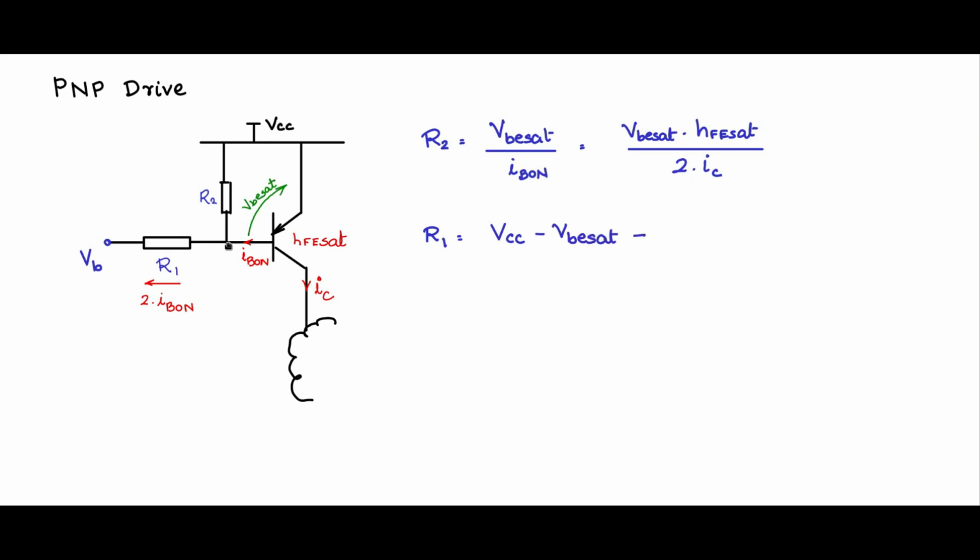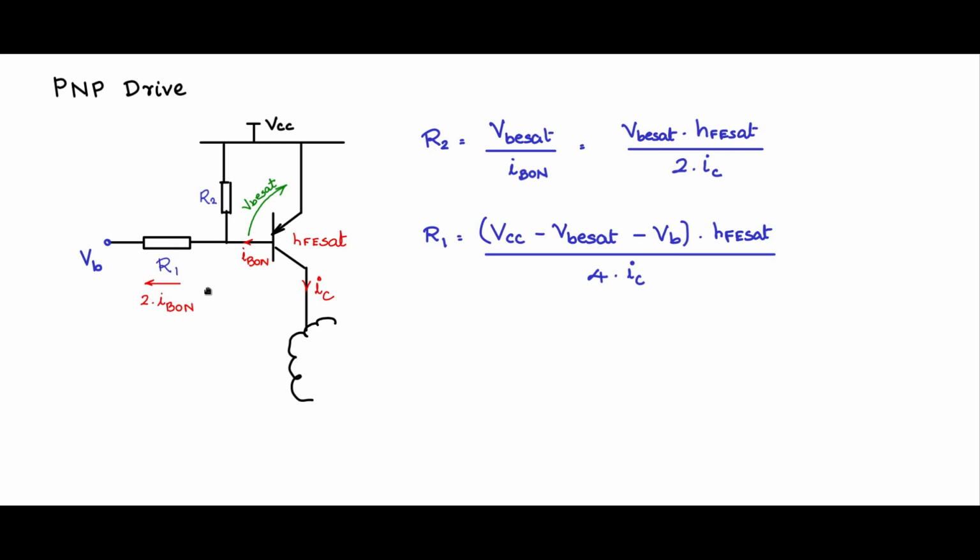VCC minus VBE SAT minus VB, that is the signal source potential, will be the potential which is occurring across R1, divided by 2 times IB on will be R1. So IB on is nothing but 2 IC by HFE SAT. So I will say HFE SAT divided by 2 into 2 IC, 4 IC. So this will be the equation for finding out R1 in the case of the PNP drive.